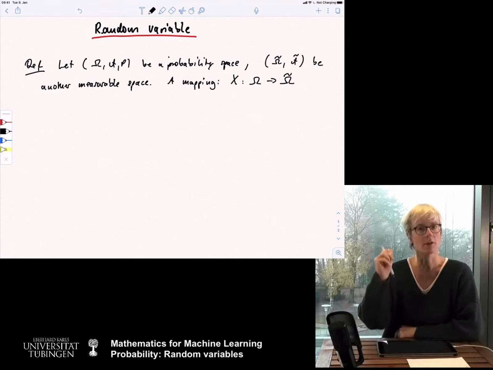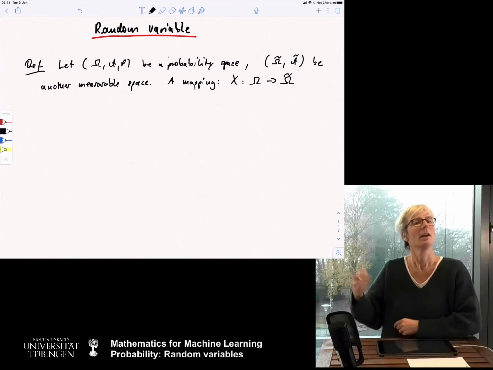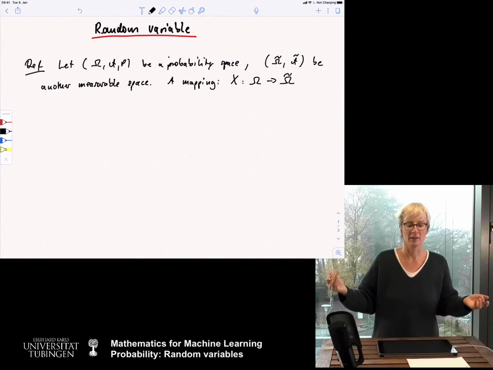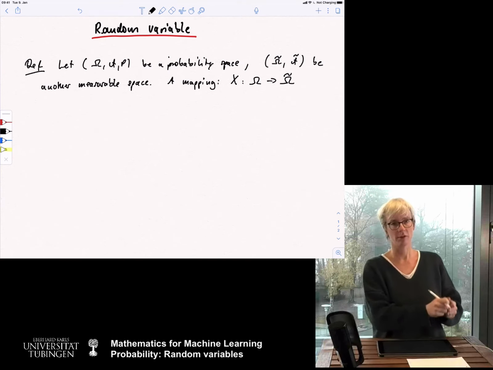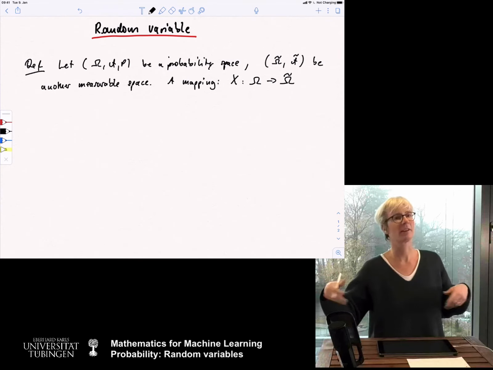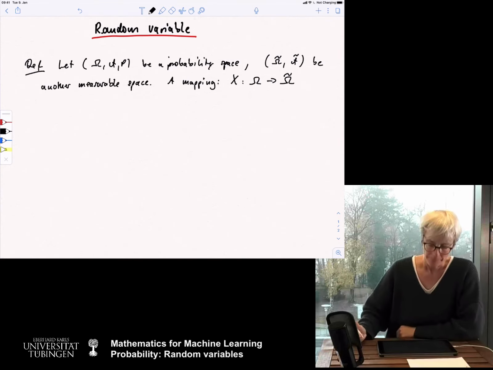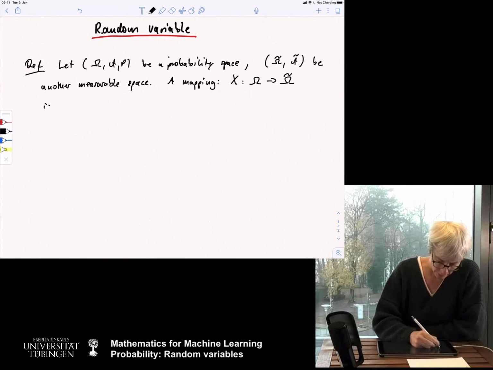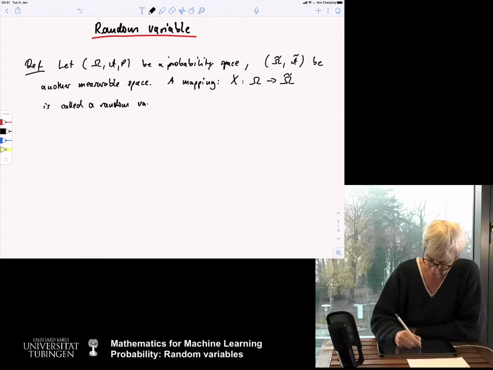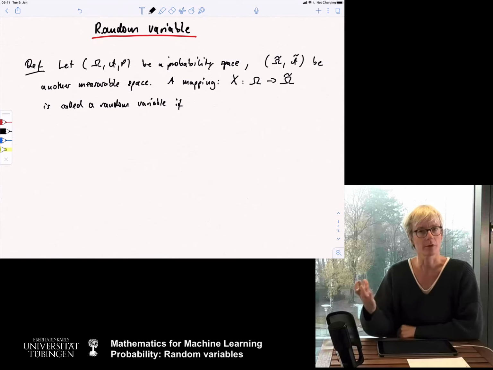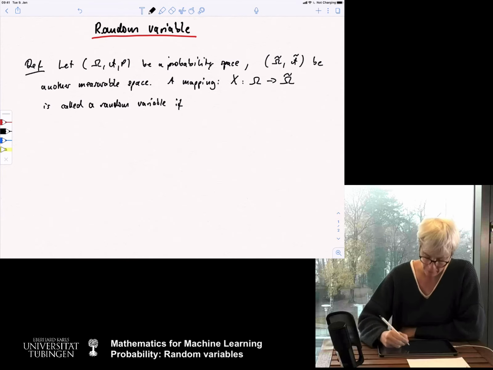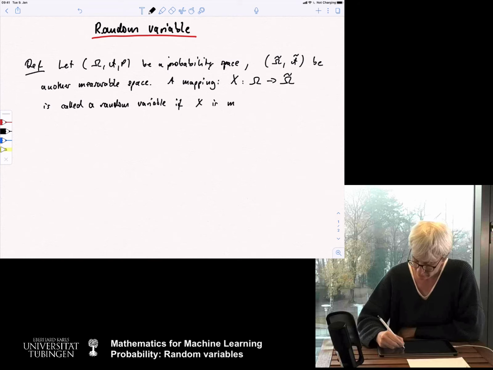So you take one of your sampled objects and you evaluate what is the property that you're interested in. So omega might be persons, and omega tilde is how tall is this person. So a mapping is called a random variable if, now there's an important property that we need, if X is measurable.